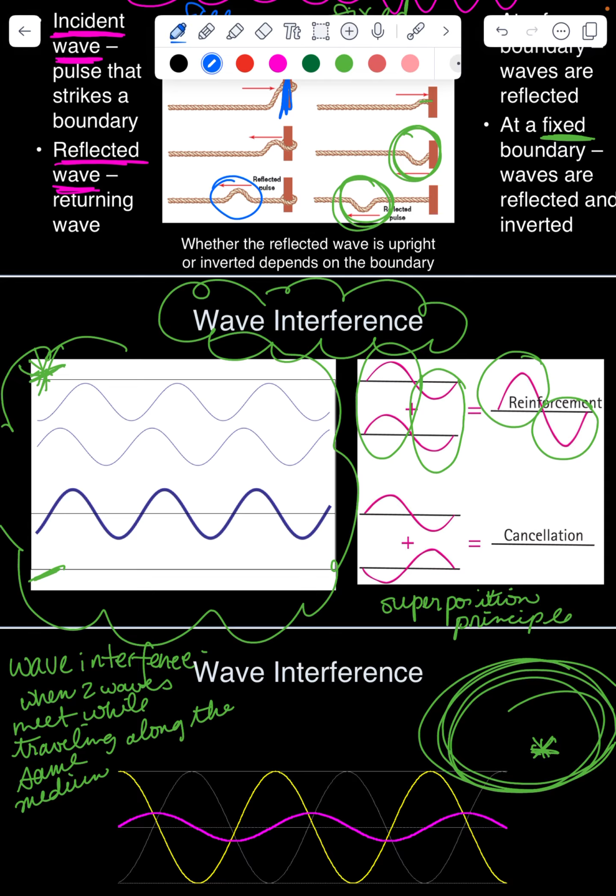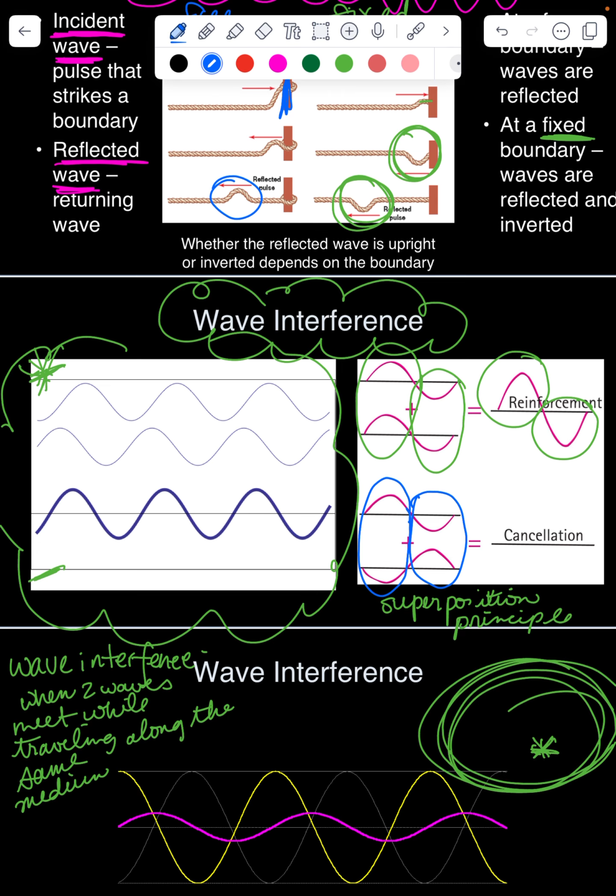However, if a crest meets a trough, or a trough meets a crest, they are going to subtract from each other.